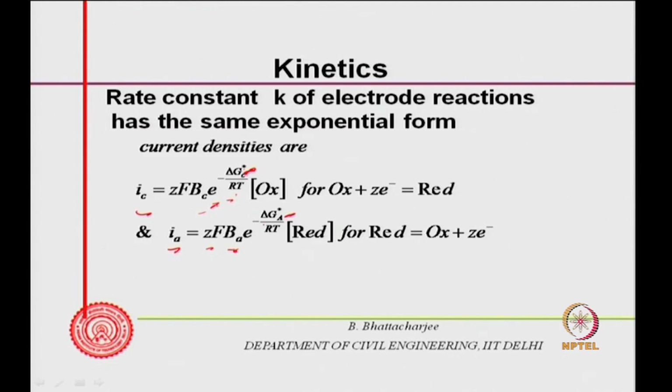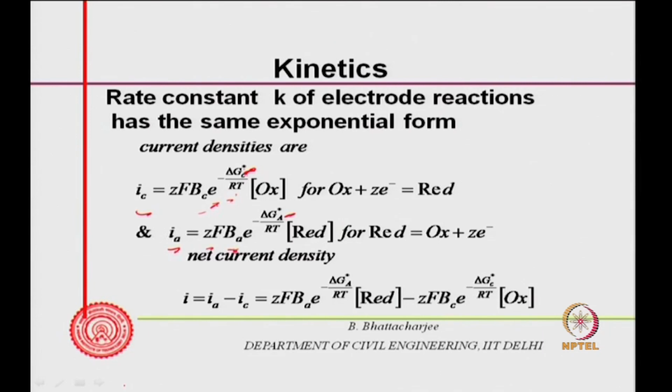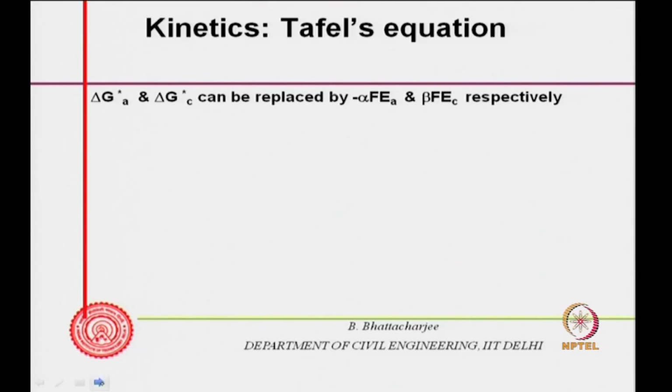Net current will be the difference between these two, and one can write the net current at the electrode like this if I am applying current. But delta G can be replaced by some alpha F E, because the activation potential energy can be related to the potential in this manner.